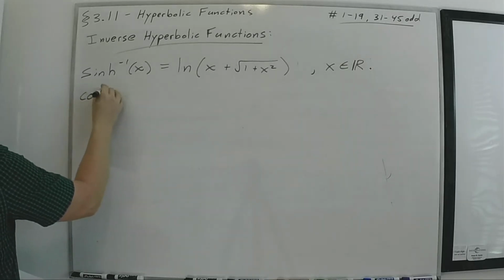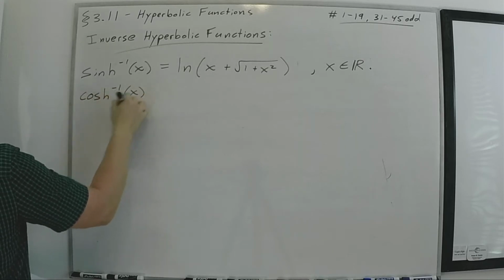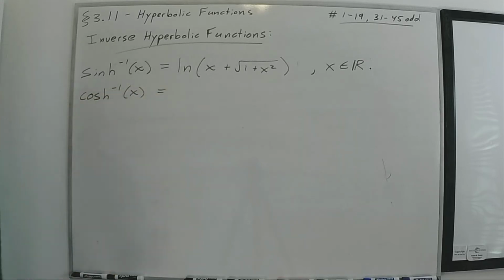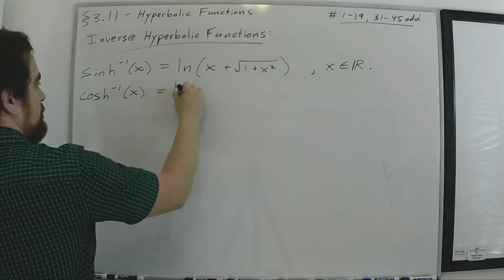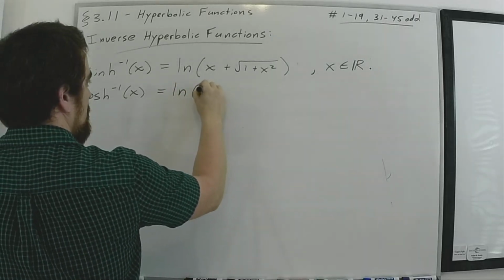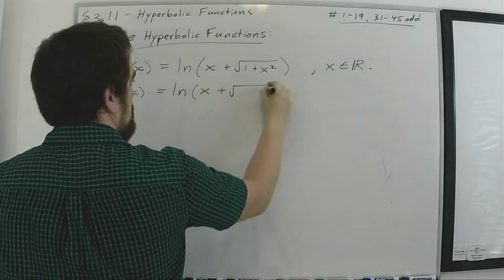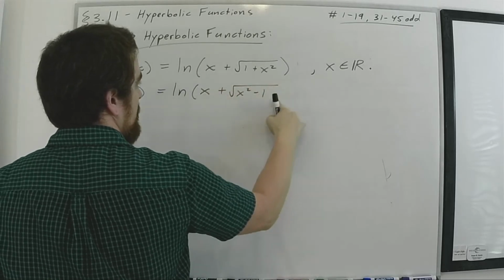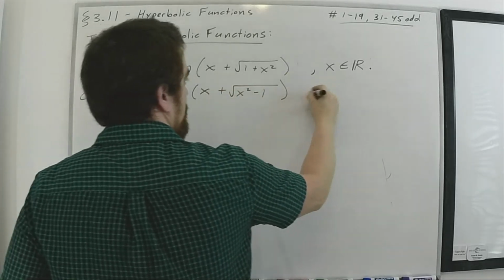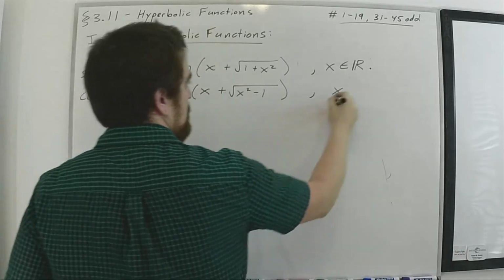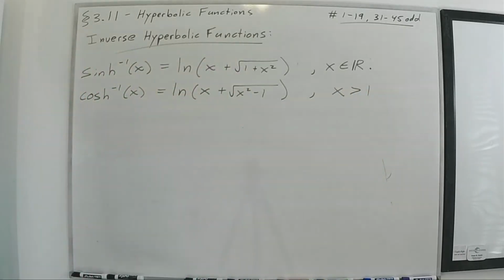Cosine hyperbolic inverse of x is going to be given by the natural log of x plus the square root of x squared minus 1. And for here, x is going to have to be larger than 1.